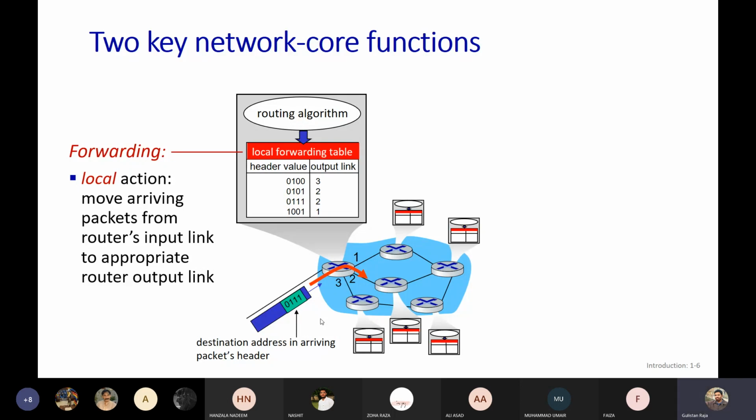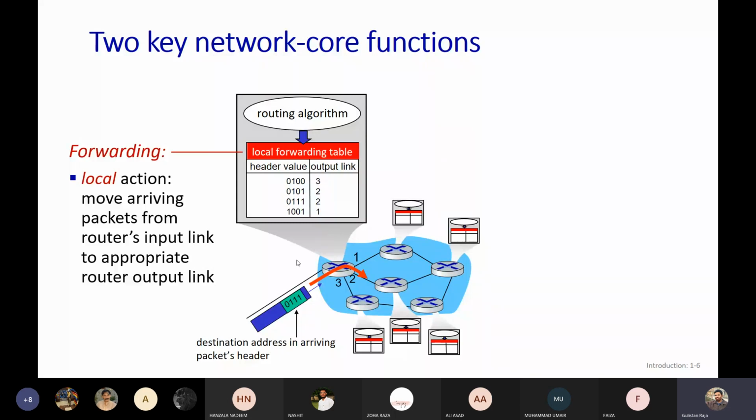So each packet will be having fields. For simplicity, there are many fields in each packet, but for your understanding each packet will be having one field which is known as destination address. There will also be a source address, which will indicate from where the packet is coming, and destination address is the address of the destination where the packet should be sent, right?